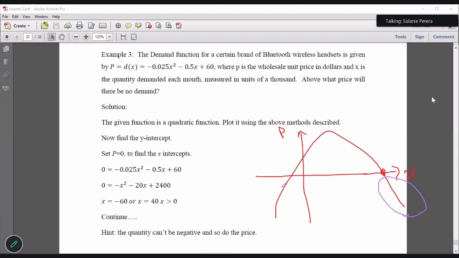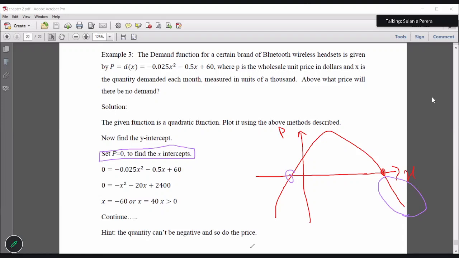So for this, what do we need to know? We need to find the x-intercepts. This is a quadratic function. They are asking beyond which price there will be no demand, so you have to find the point where the price will be 0, because afterwards the price will be negative.